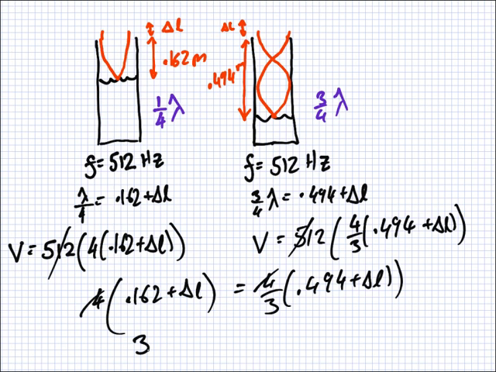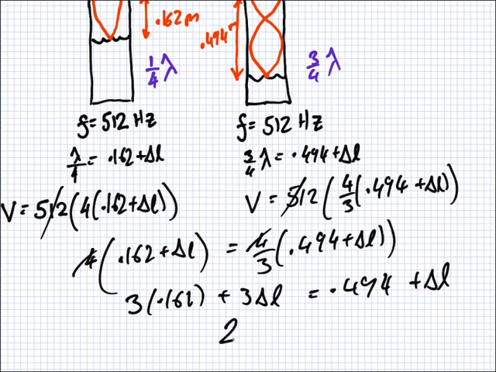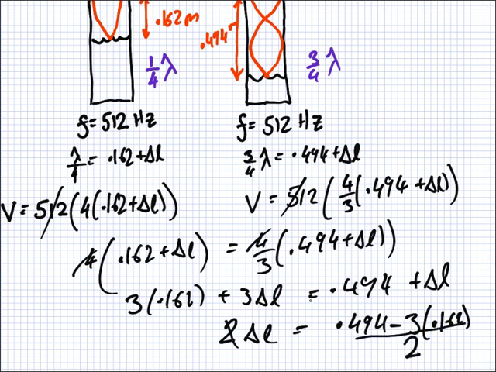So now I have 3 times 0.162 plus 3 delta L equals 0.494 plus delta L. So I get 2 delta L equals 0.494 minus 3 times 0.162. Divide by 2 and I get my delta L.